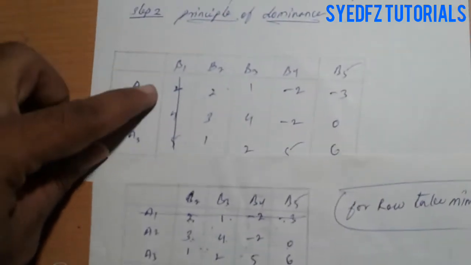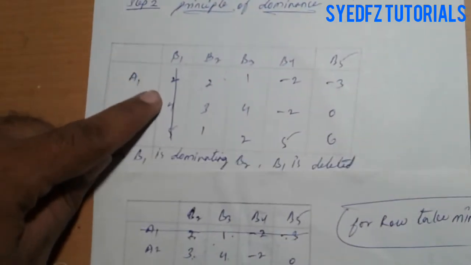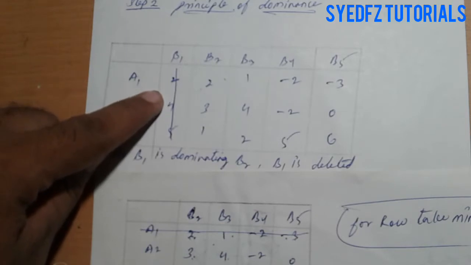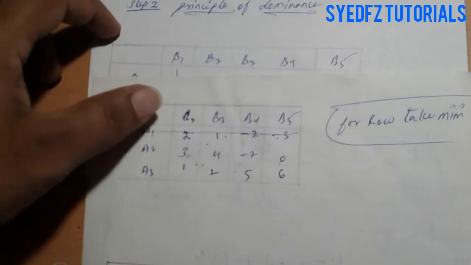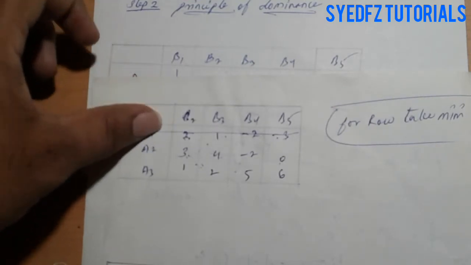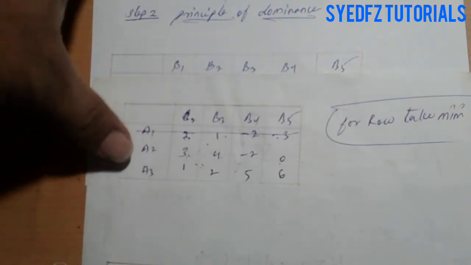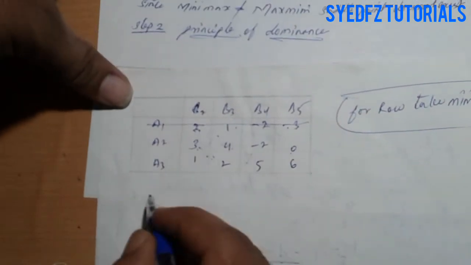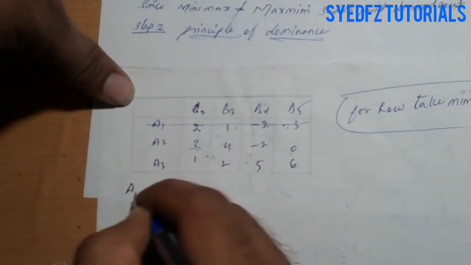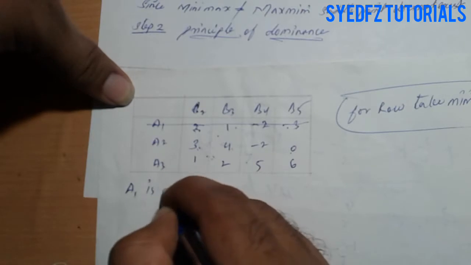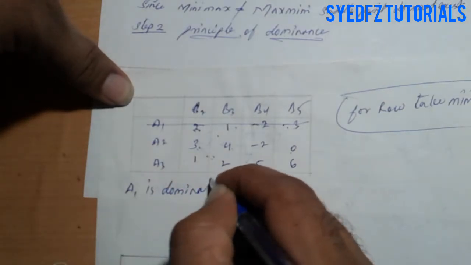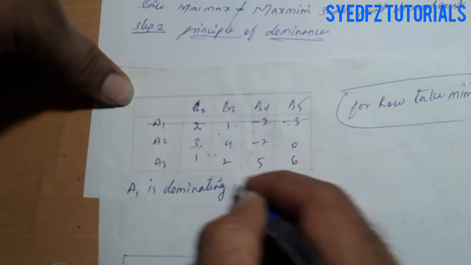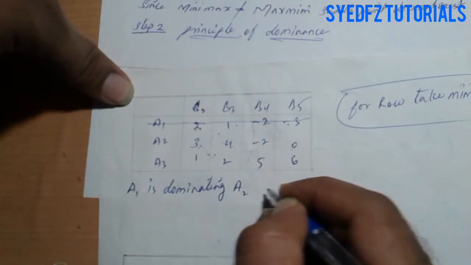For the purpose of column, it is a maximum. We will calculate the max in a column, so the max row will be deleted. For the row, when we are calculating the row, the minimum column will be deleted. Now we have A2 and A3. So A1 is dominated by A2.